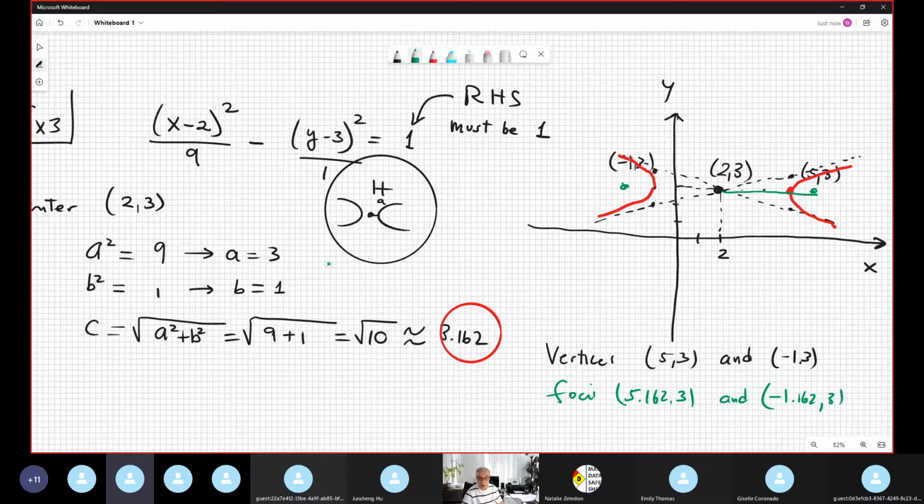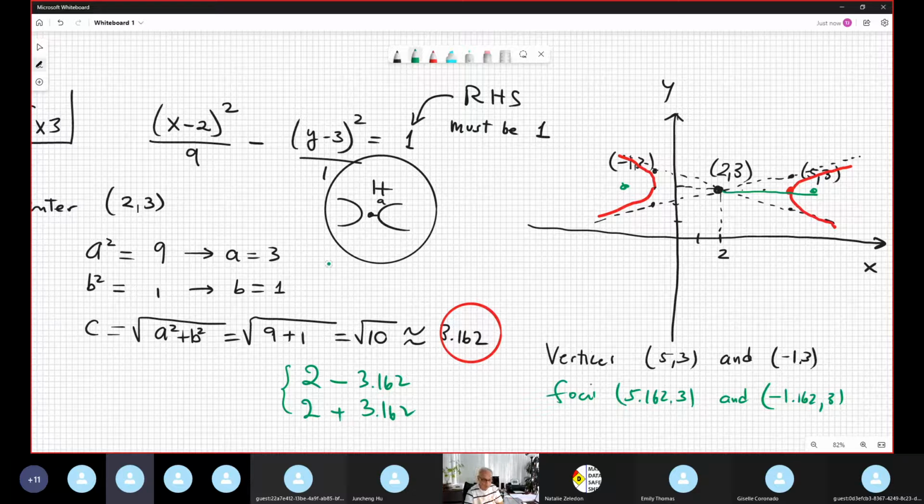Basically, it is 2 minus 3.162 and 2 plus 3.162. But don't worry too much about this, because the decimals can be computed by a calculator.